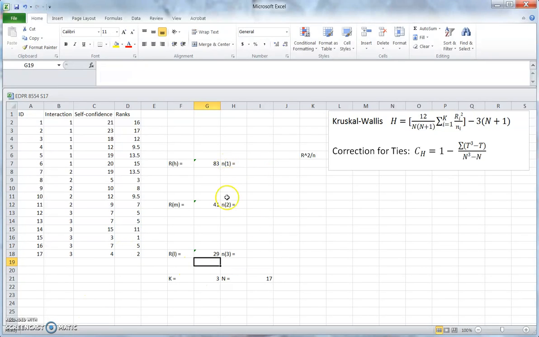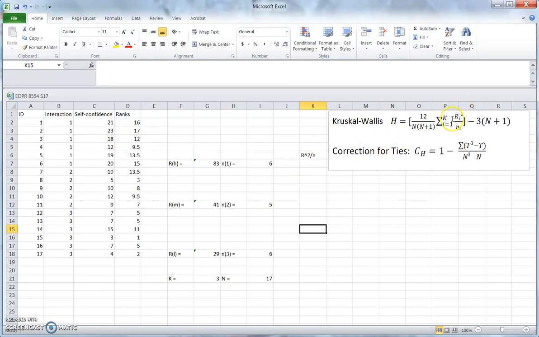And N1, N2, N3 are the group sizes of the 3 groups we have here respectively. So we know N1 equals 6, N2 equals 5, and N3 equals 6. We are ready to do the H statistic. But I think it's a little bit easier if we can do this part first.